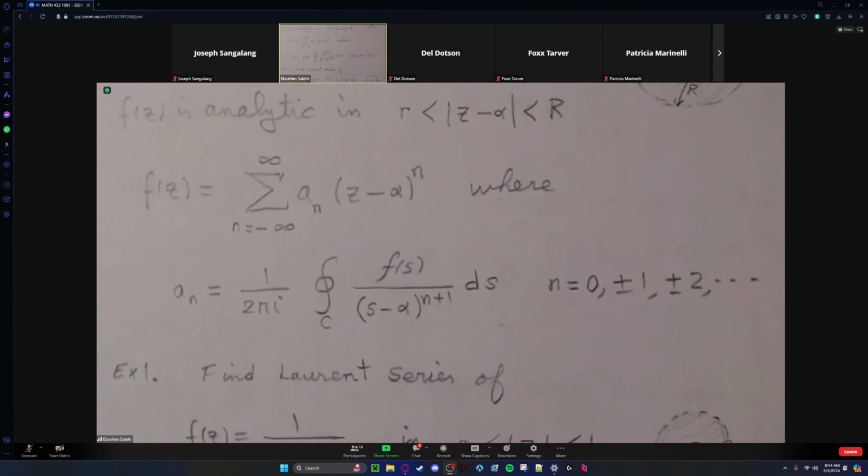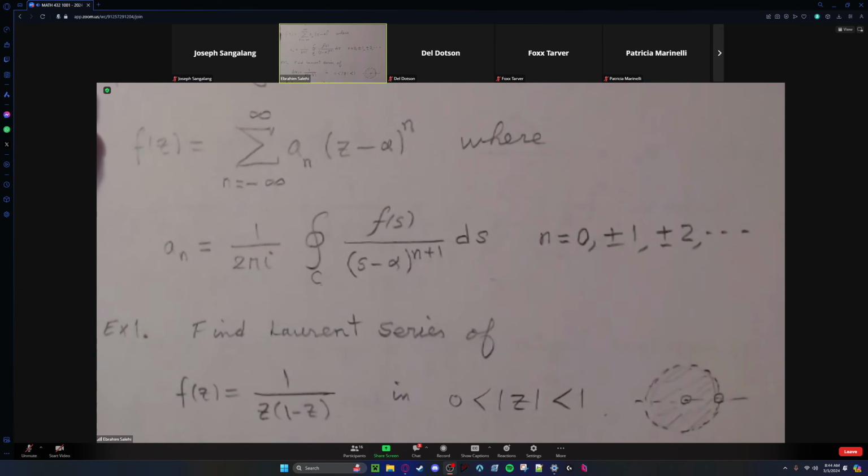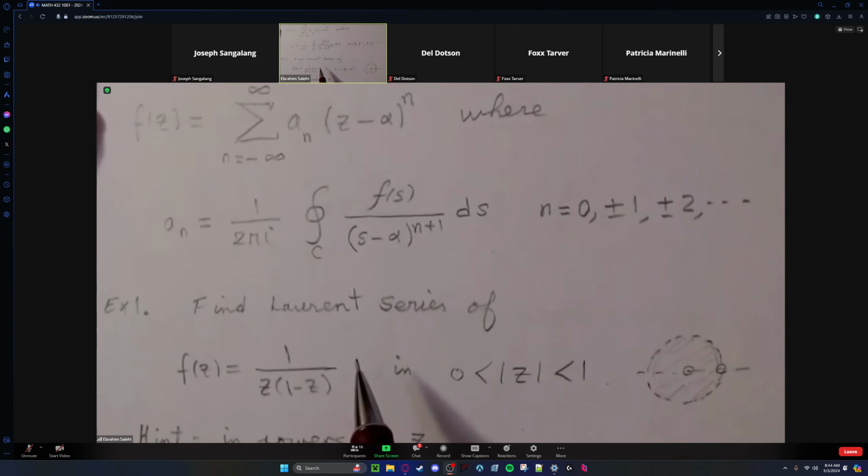Here is the first example. Look at this function. There are 2 bad points here.